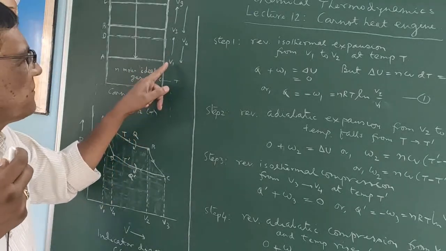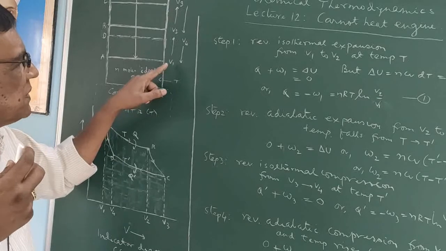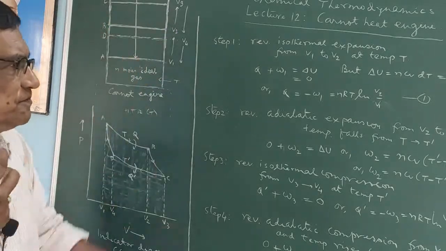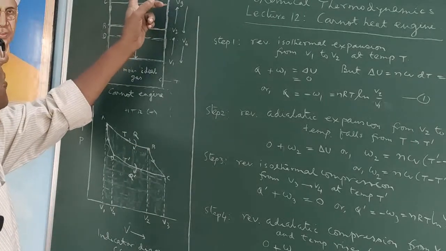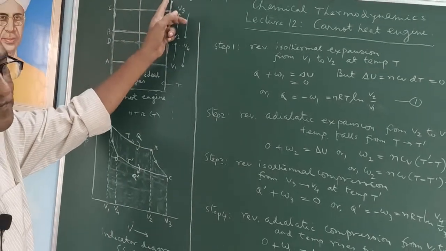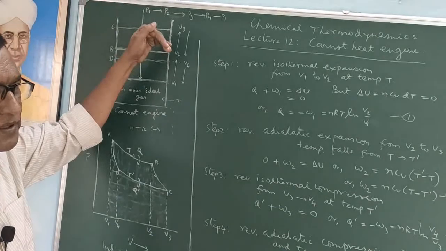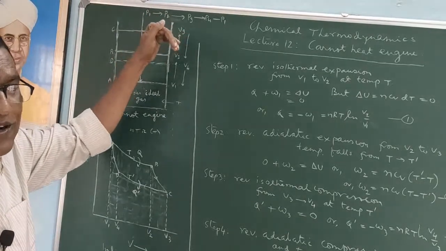So in this way, suppose the volume expands from V1 to V2, and pressure changes from P1 to P2 after picking up the sand grains over the piston.